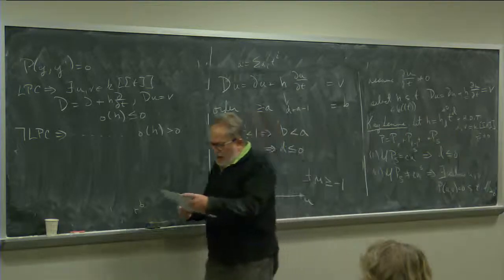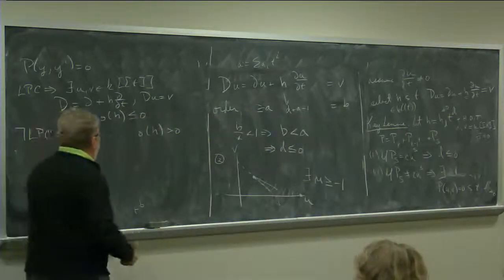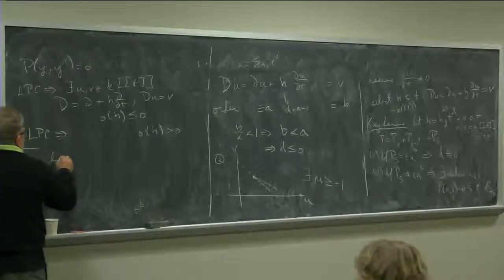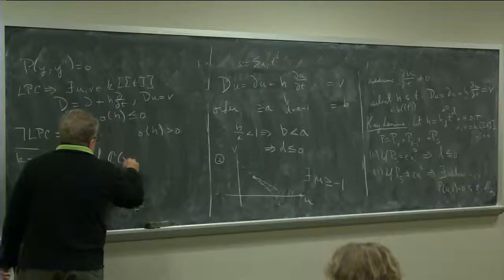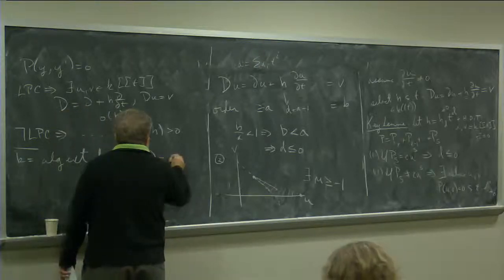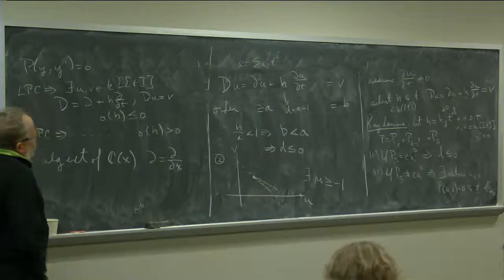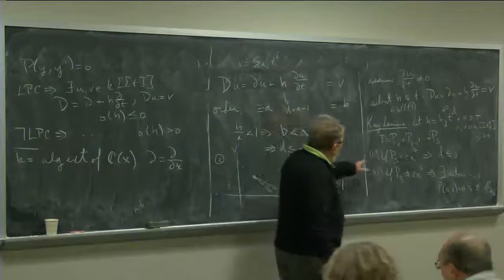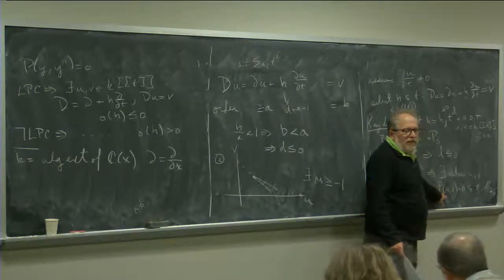Now to talk about functions, I want to restrict myself to this being a sufficiently large algebraic extension of this. By sufficiently large, in order to do this power series stuff, I need to throw in a finite number of algebraic elements.